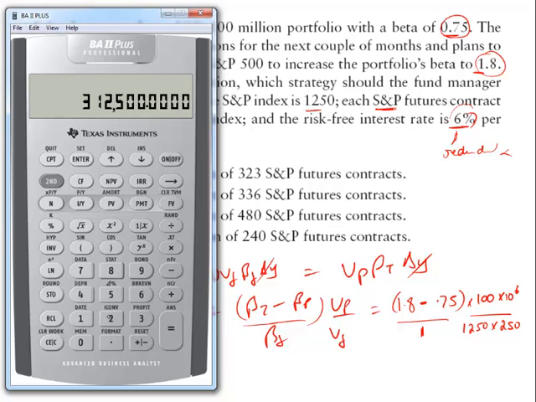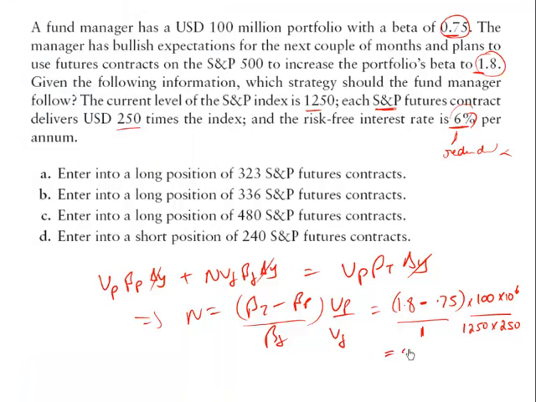Store this in the memory register 2, recall 1 divided by recall 2 will give us the answer as 336 contracts. Please verify this comes out to be 336. So enter into a long position of 336 S&P futures contracts. That's what N also came if you want to change the beta from 0.75 to 1.8.